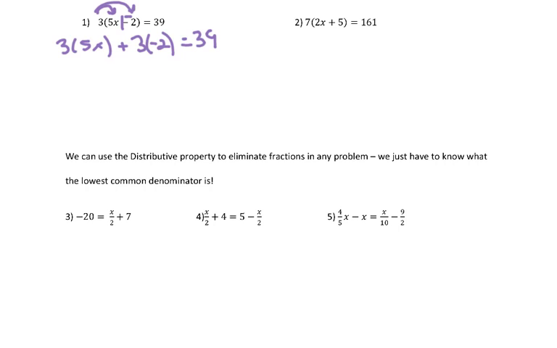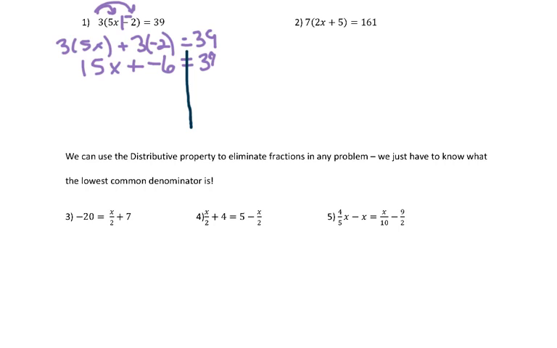Now that we have that, we're going to simplify. 3 times 5x is 15x, plus 3 times negative 2 is negative 6, and that equals 39. Let's draw our line. And at this point, hopefully from here on down becomes much easier for you because we've been practicing this stuff a lot.